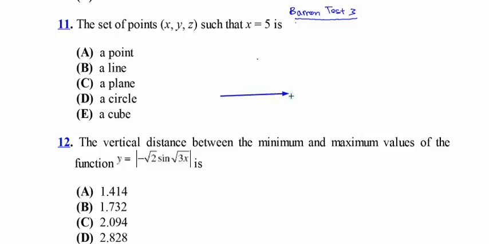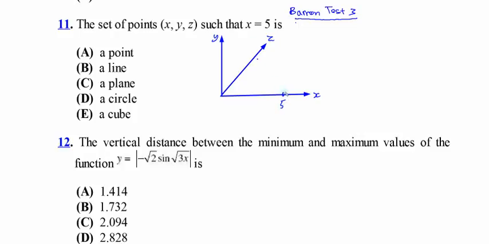For example, okay, now say this is X, this is Y, this is Z. Now X equal to 5 means here 5.